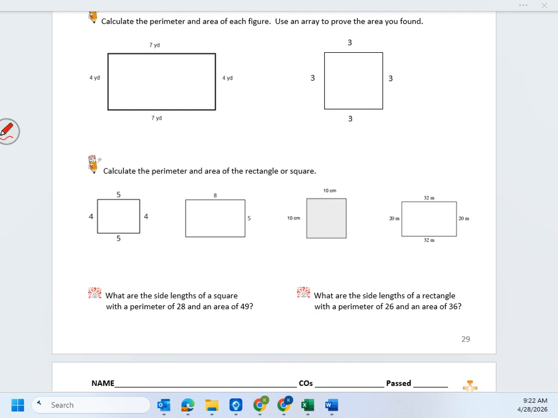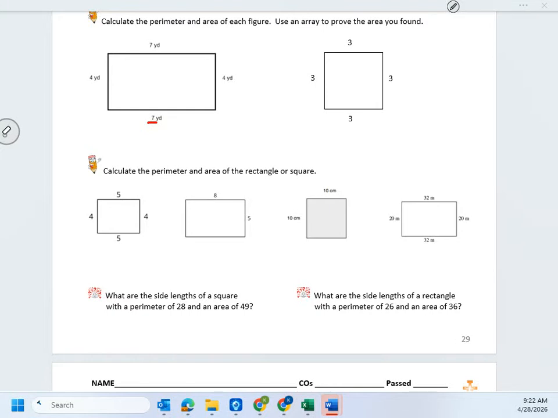So, our first thing we're going to do is we're going to break it up into squares. So if it is 7 yards, how many squares do you think I need going across the bottom? Michael? 7. 7. So that's 1, 2, 3, 4, 5. Oh, that's too many.